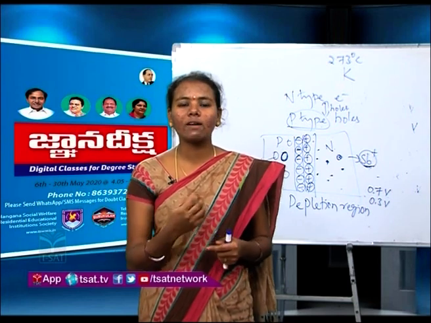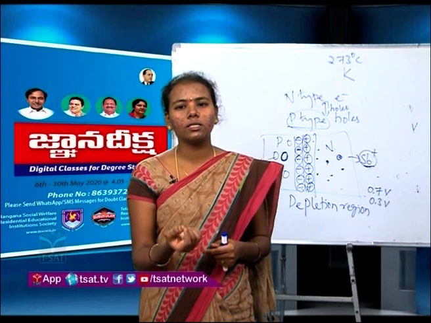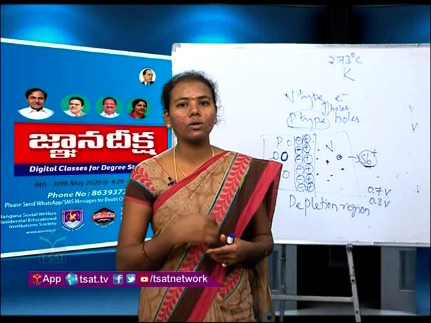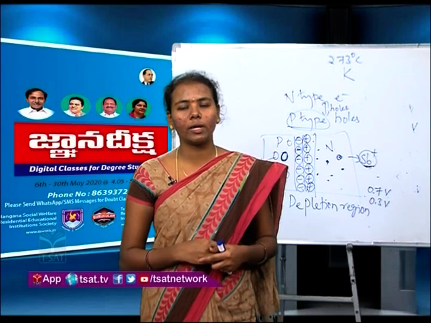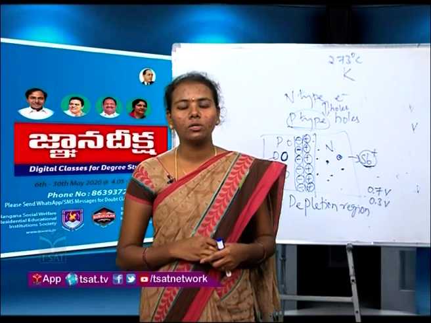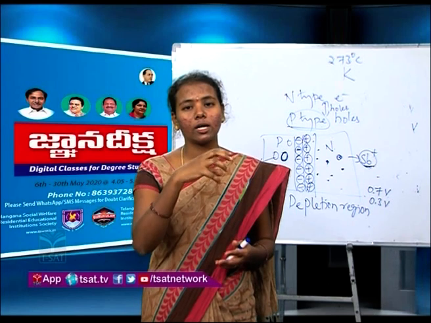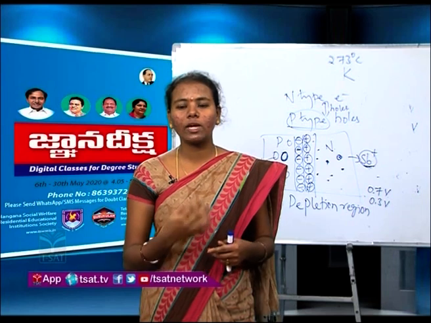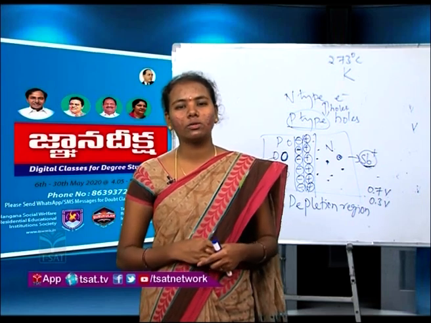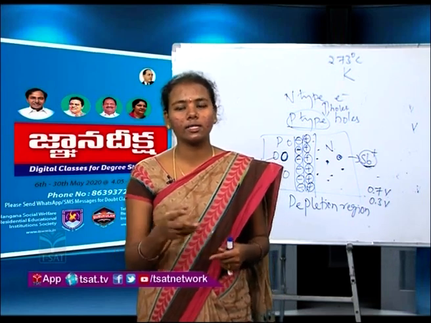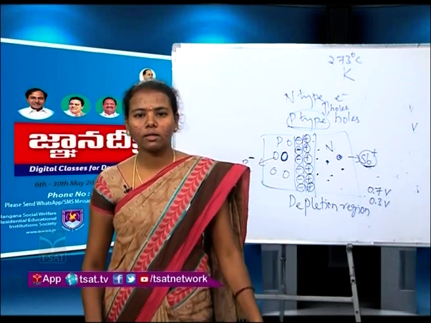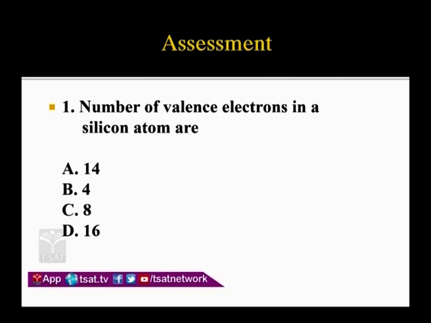We have seen the basic semiconductor device, the diode, and in the diode we have two types of materials, p type and n type. Adding those impurities to the semiconductor is called doping, and we have seen the applications of the diode. It acts as a switch and it also acts as a rectifier. So, we will see questions based on this.